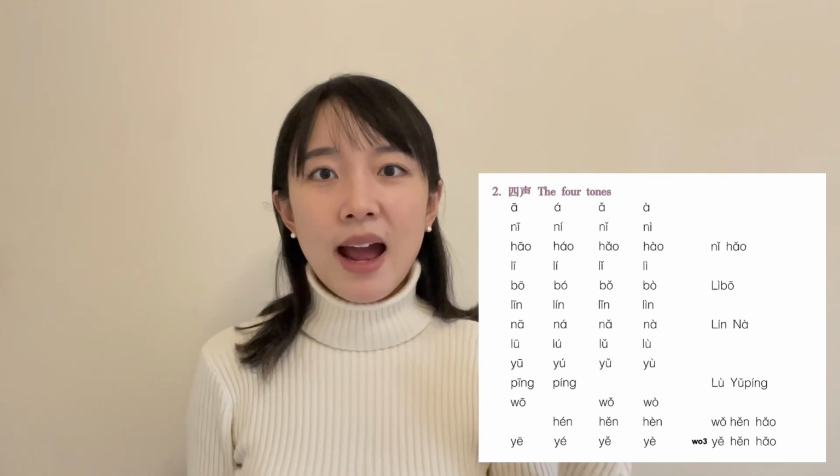Because when you write this final in pinyin independently, the two dots will disappear and you will put y in front of it. When you see y and u together, remember the sound is yu.